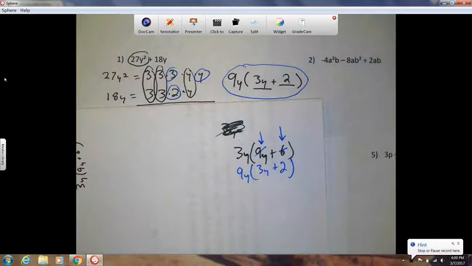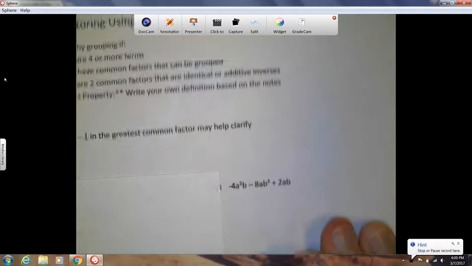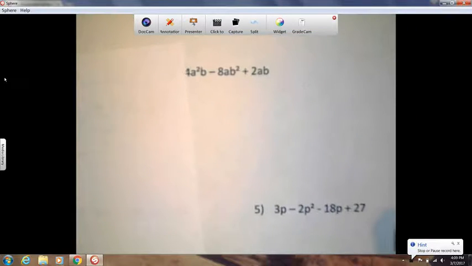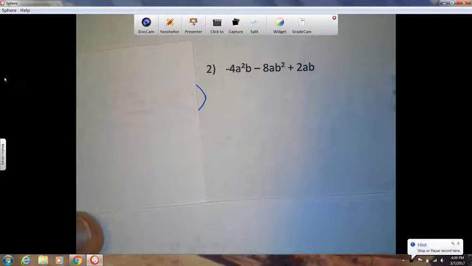Okay, let's look at a second example. For this example, there are 3 terms. So I'm going to find the greatest common factor by factoring out all of these.